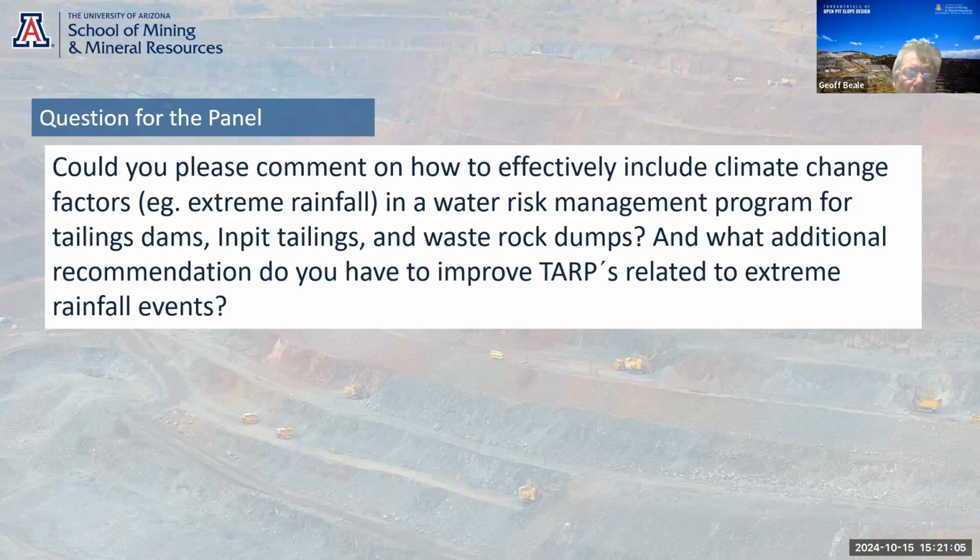If you've over designed the system, then the maintenance can be somewhat less important. So the main thing with climate change is more related to erosion than groundwater, although you'd have to consider increased infiltration and increased groundwater.